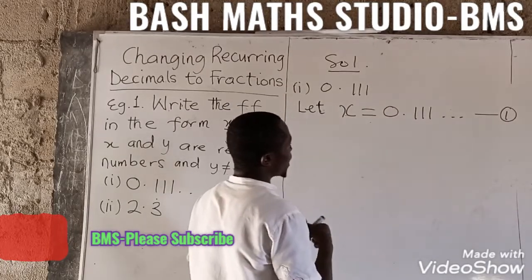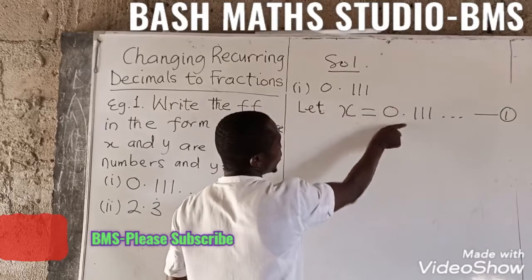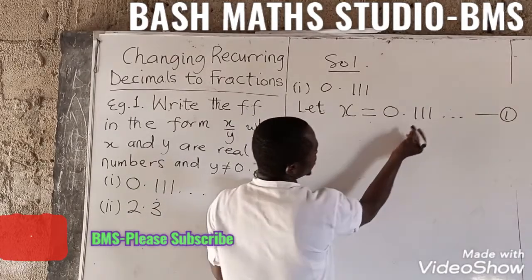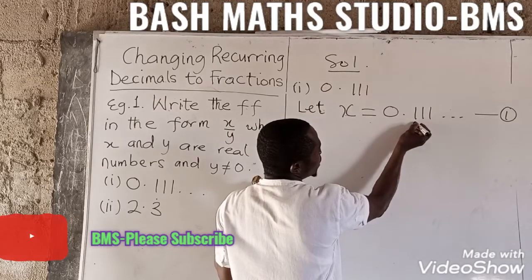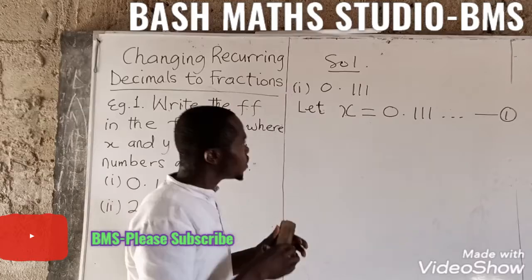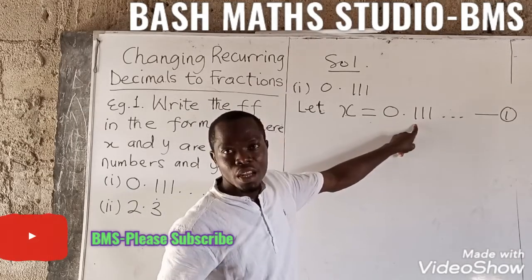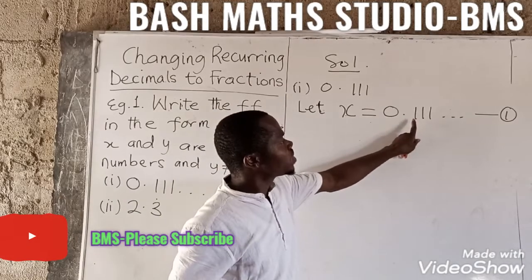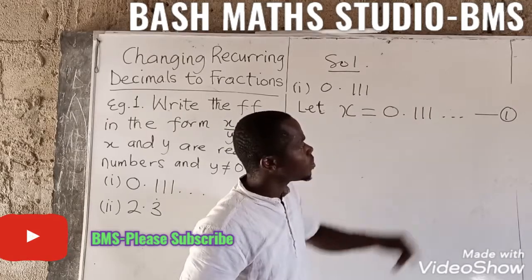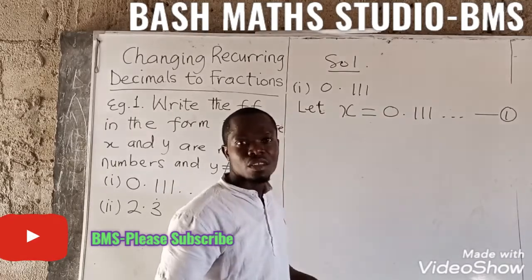So with that idea, we will try to multiply both sides of the equation by 10. The reason we are multiplying by 10 is that we are assuming the number after the decimal point is just 1, so we won't say it is 1, 2, 3 and multiply by 1,000.